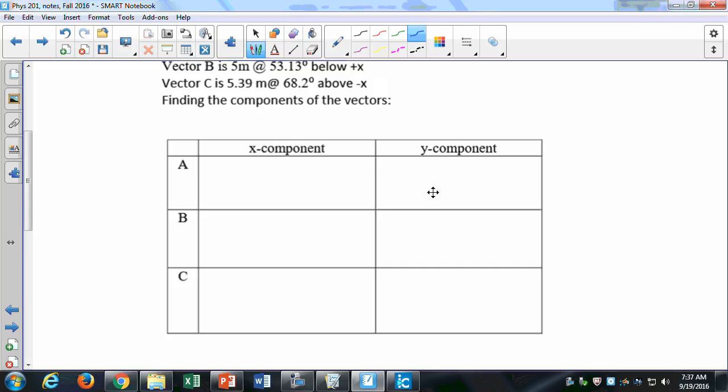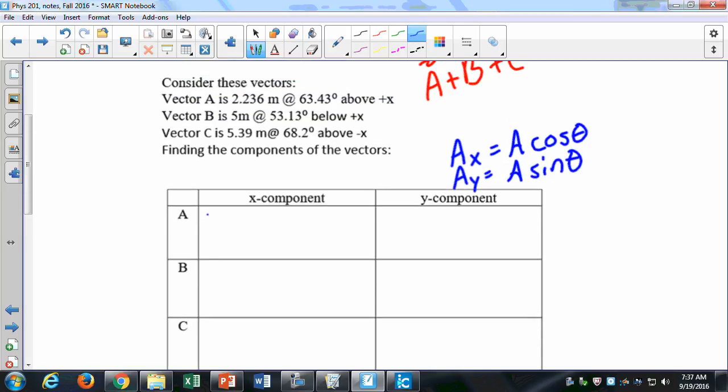My x component, remember if I want to find the x component of a vector, it's A cosine theta. The y component of a vector is A sine theta. So here, my x and y component of A is going to be 2.236 times the cosine of 63.43.